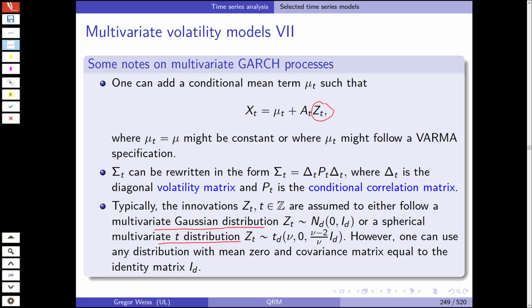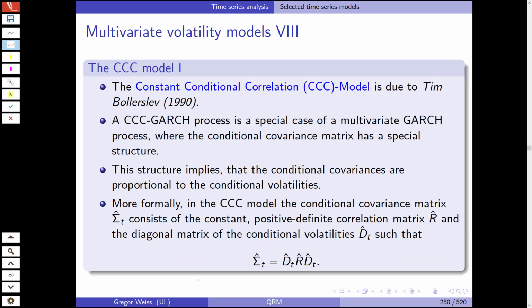In practice, it's most of the time a skewed t-distribution that fits the data best, because it's also the one that is most flexible. But in essence, you can use any distribution with mean zero and covariance matrix equal to the identity matrix. Still, in practice, as I said, usually it's a skewed t-distribution that is most flexible and fits empirical data best. Okay.